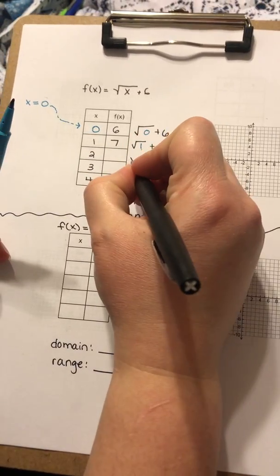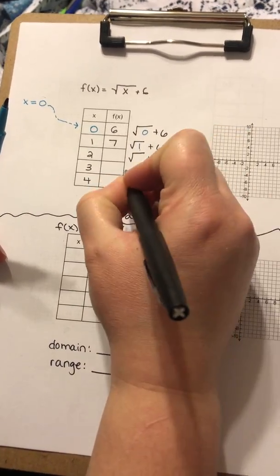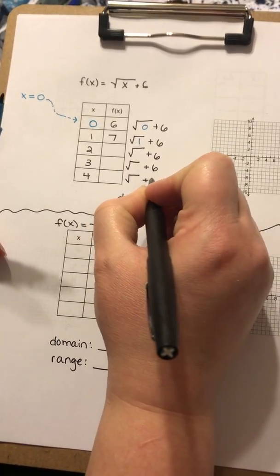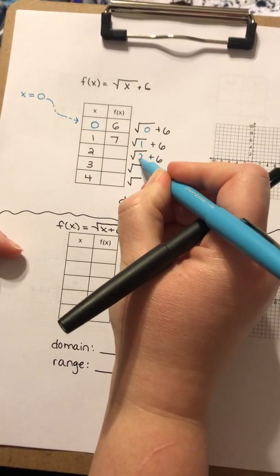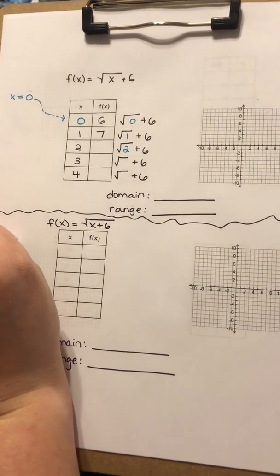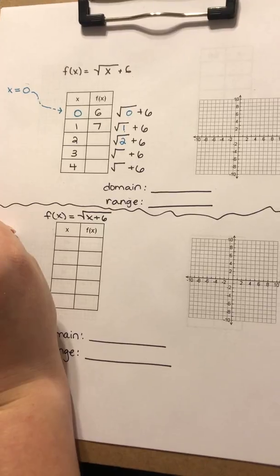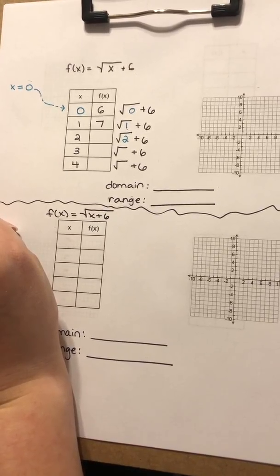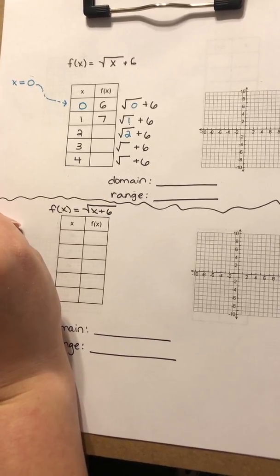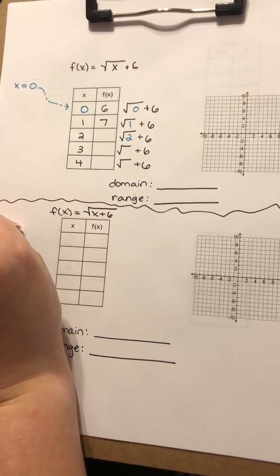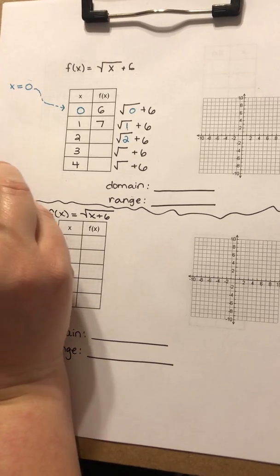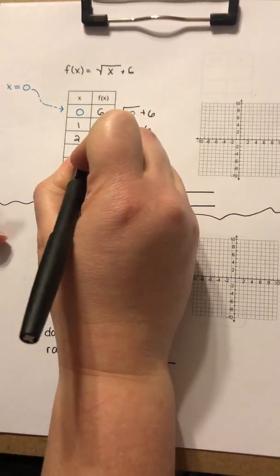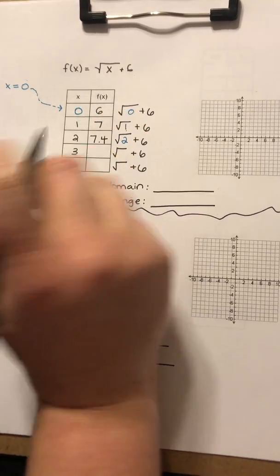Now we're going to start to get some decimals in our chart as we plug in these next two values. When I plug in 2, I'm going to add 6. The square root of 2 is approximately 1.41. If you go to your calculator and type that in, you're going to get 1.4. If we round that off to the tenths spot and then add 6 to it, we get 1.4 plus 6 more, so 7.4.